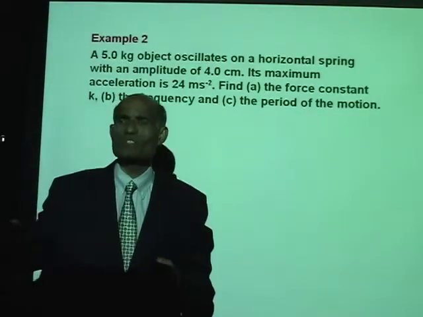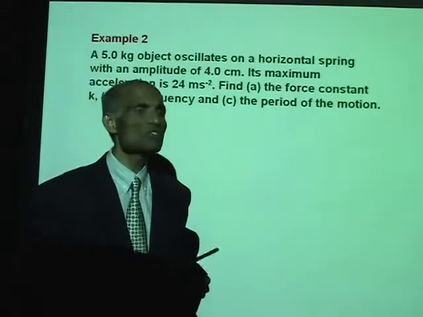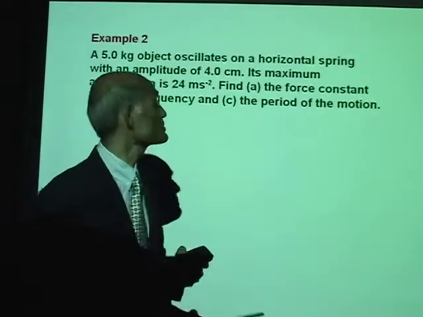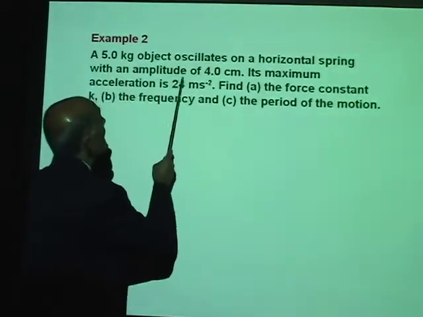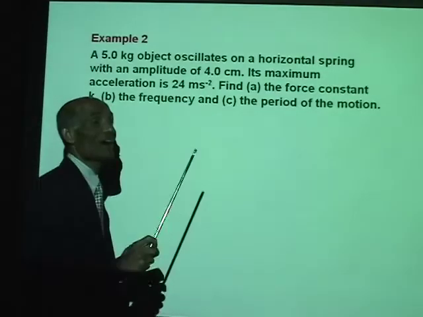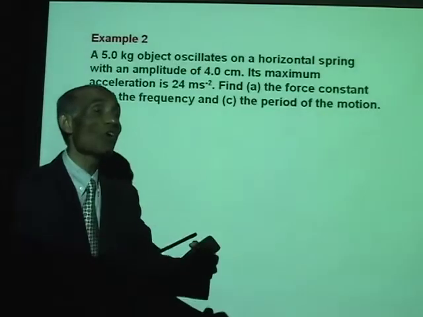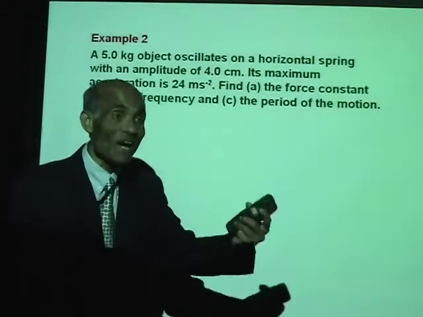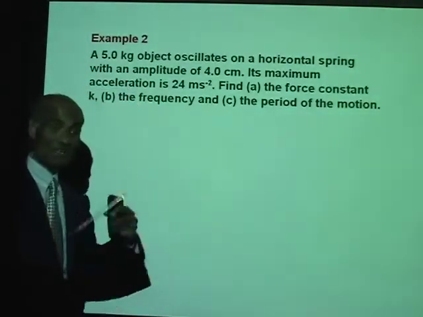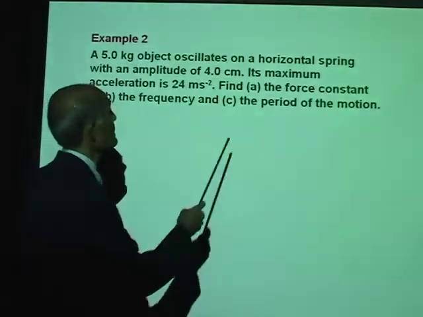Anybody know what the equation is? Maximum acceleration is A omega squared. And you can see amplitude is given there. Maximum acceleration is given there. I can therefore find omega, the angular frequency. Is that right? That's the way to think about the problem.